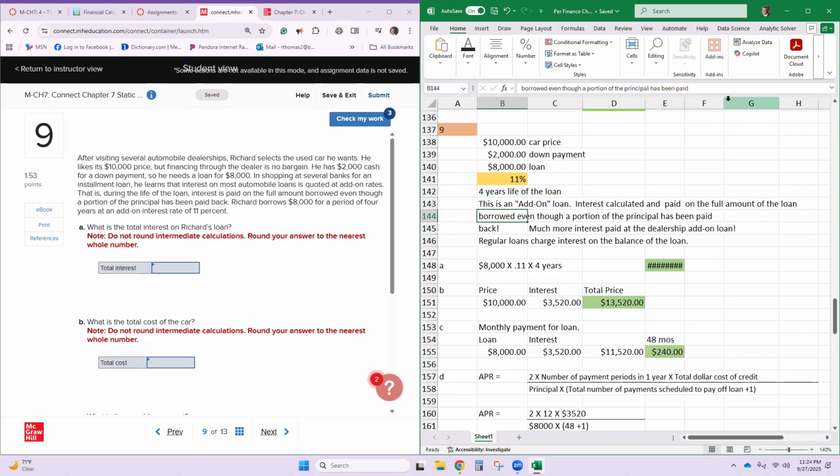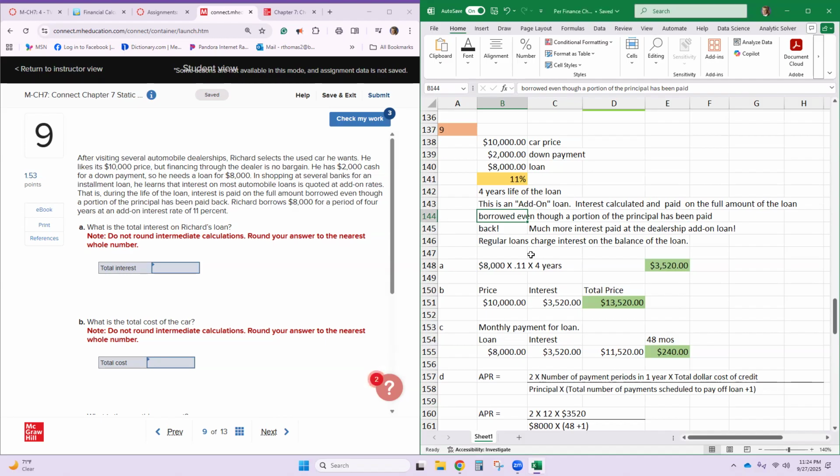Here we go. Full amount of the loan borrowed, even though a portion of the principal has been paid. So we'll explain it to you here in just a second. All right, much more interest paid at the dealership add-on loan. Dealerships have these kinds of loans a lot more than banks or financial institutions.